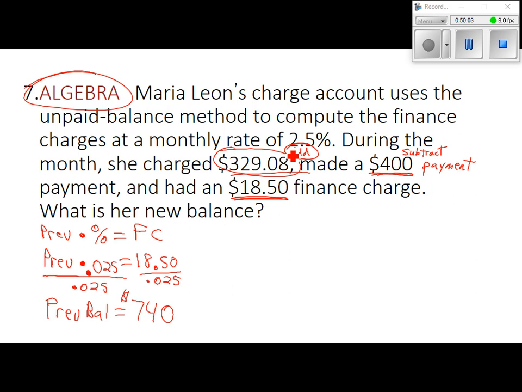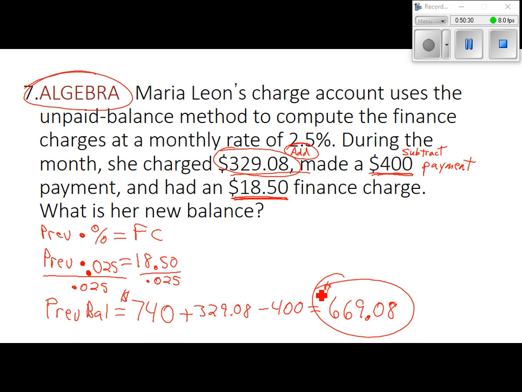All right, so add that, 329.08. And then what are we going to do with the 400? And that's going to give us her total new balance. What's that give you? 669.08. So starting off the new month, her balance is $669.08.